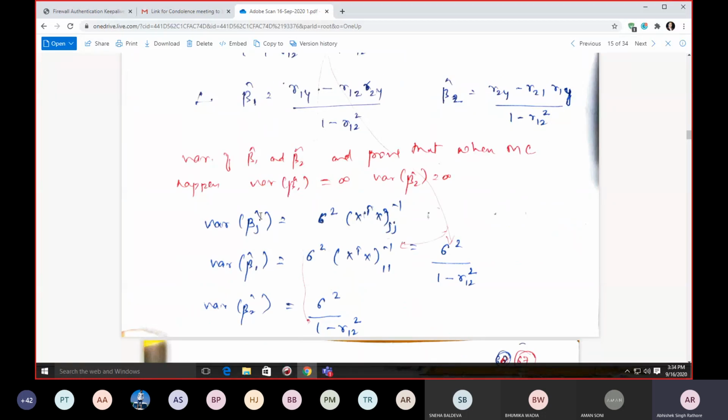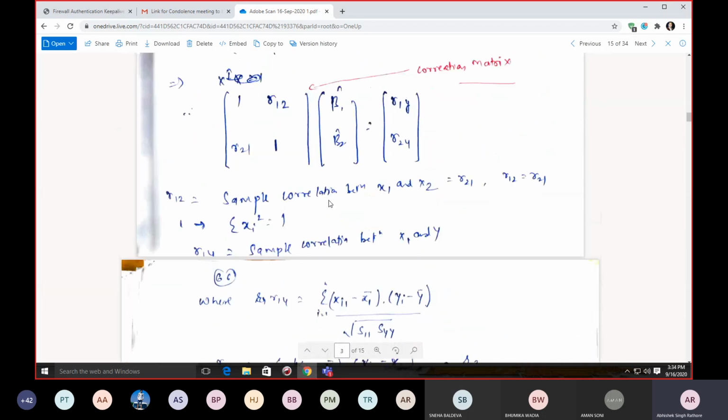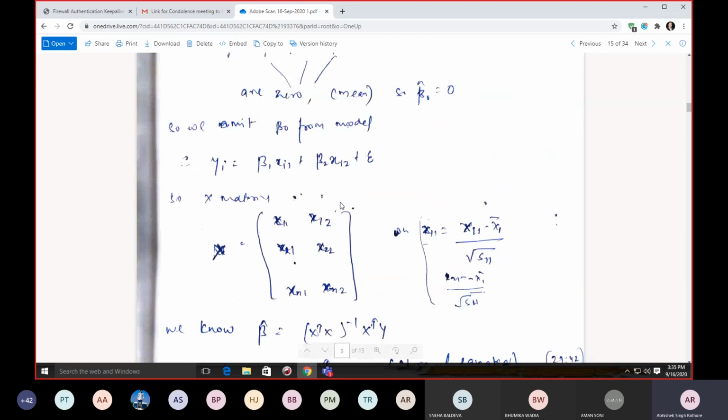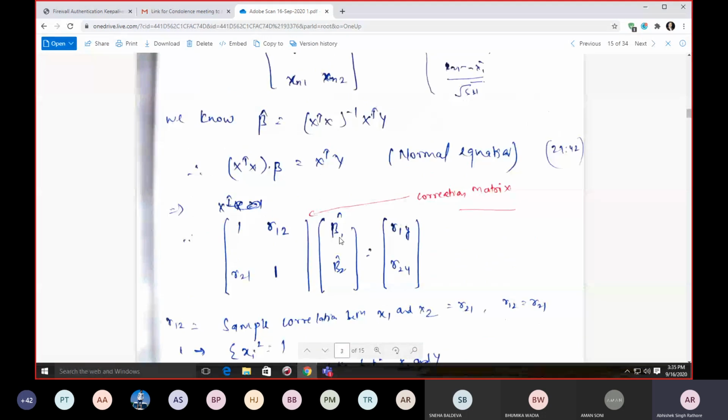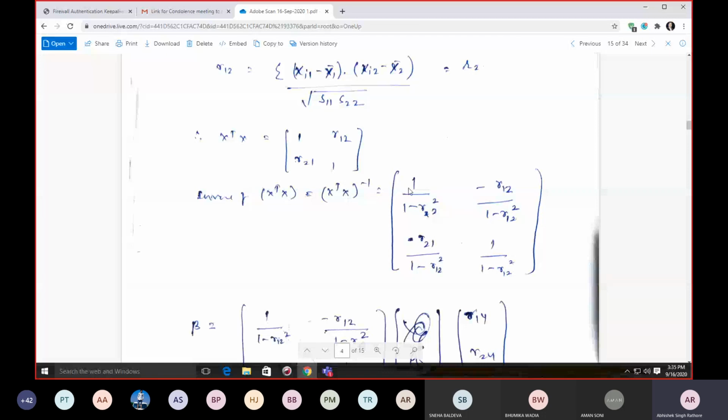We know that the variance of beta j is equal to sigma square times the jth value of x transpose x inverse. So when we consider the particular jth value, we consider that particular value of the covariance matrix available here. So let's say this is my covariance matrix, x transpose x. Yes, this is my x transpose x.